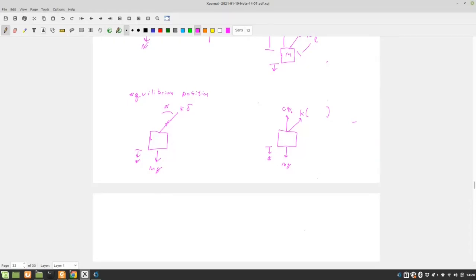Okay, so this delta, I like that answer. But does the spring stretch x? No, it's a component. It stretches the component.